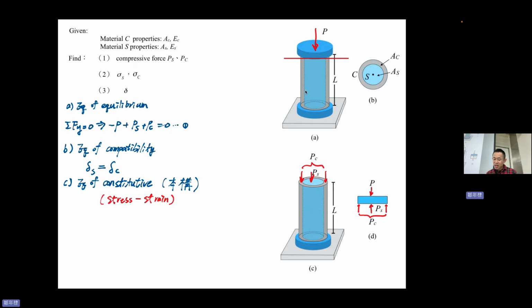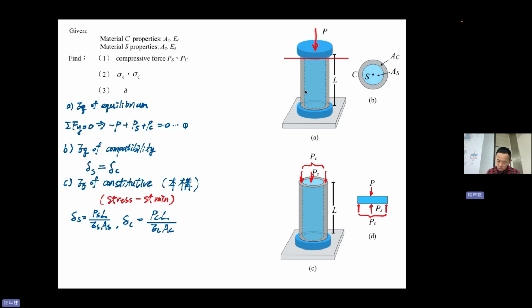Okay, so let's connect delta S and delta C together. So delta S equal to PSL over ESAS. Delta C equal to PCL over ECAC.